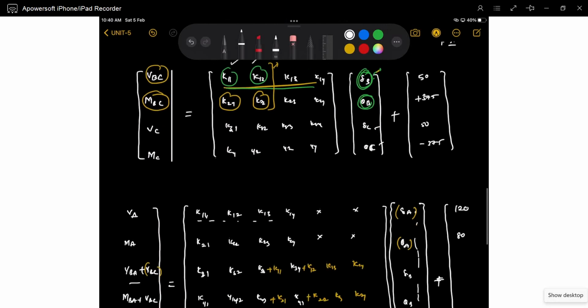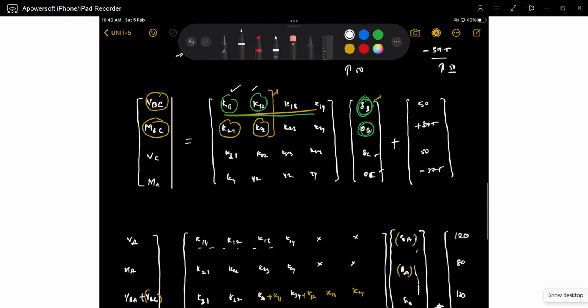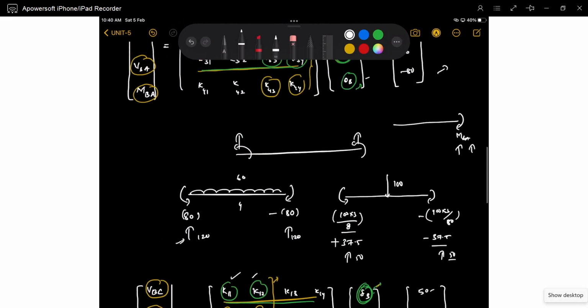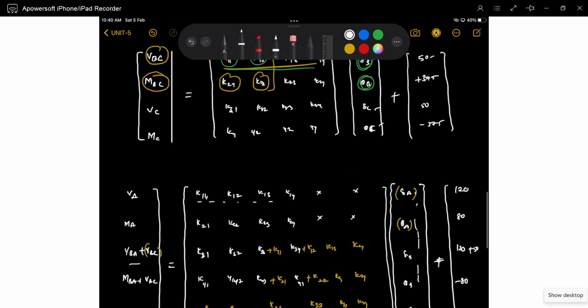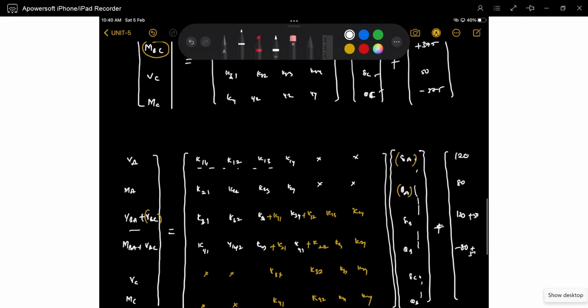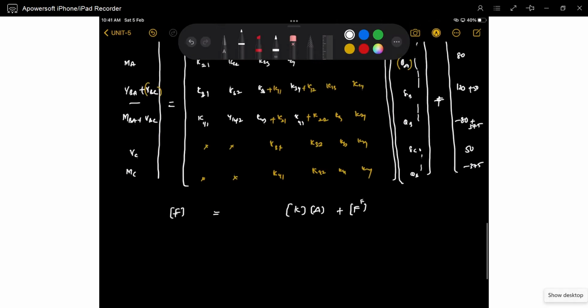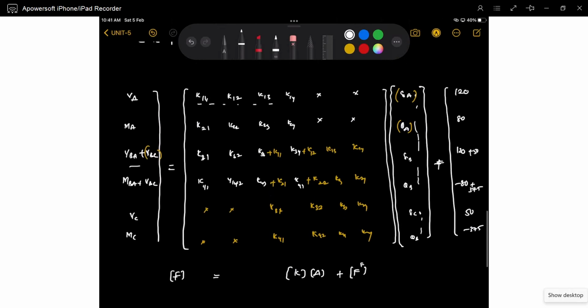Next again 120, but here it is 50. Next here minus 80, here plus 37.5, 50 minus 37.5. That's it. In every problem you won't do these things, because you can directly come to the final matrix, and also you can eliminate. Now you can see this is the final matrix form.